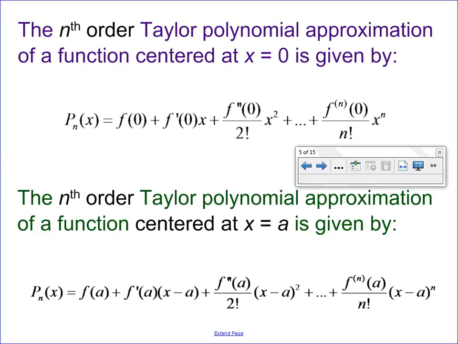And then my power term, instead of being x to the n, becomes quantity x minus a to the n, just using transformations. We'll shift it over a units to center it at x equals a. Exactly the same thing. We're just evaluating the nth derivative now at x equals a, divided by n factorial, and then times quantity x minus a to the n.